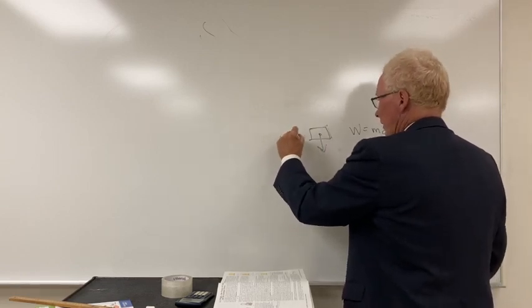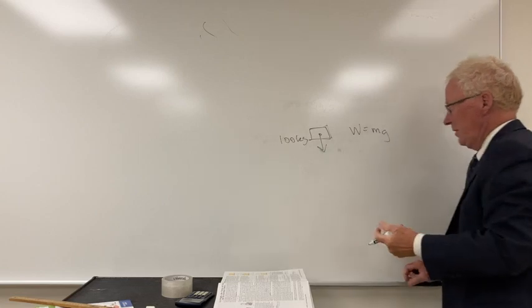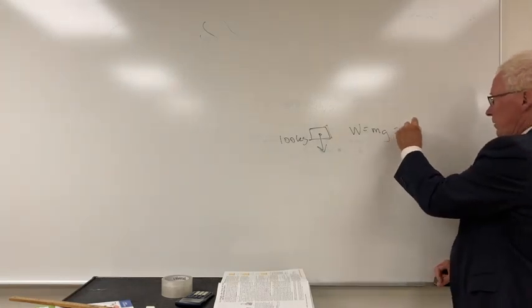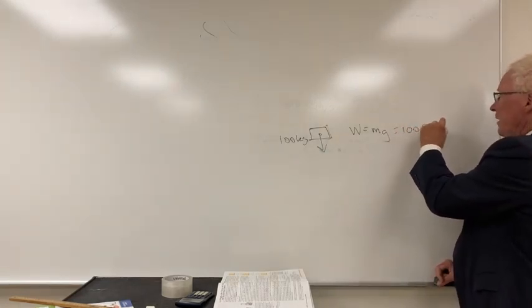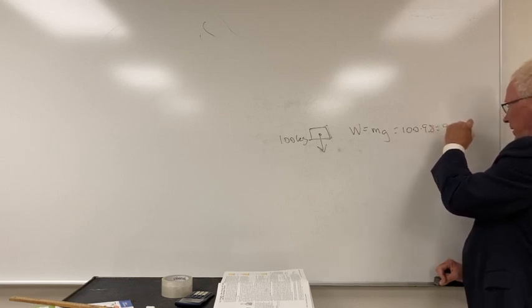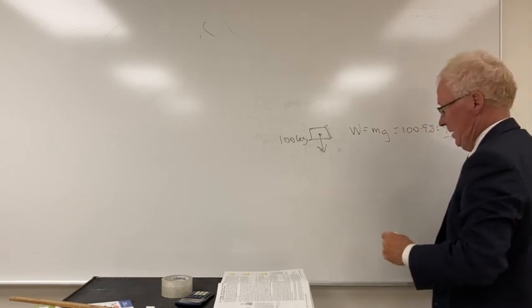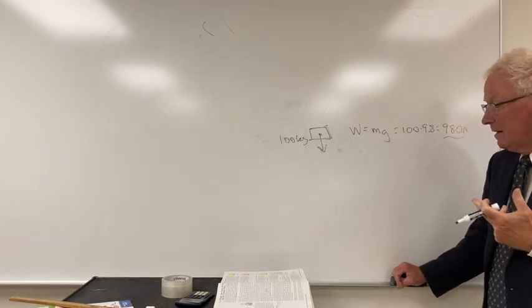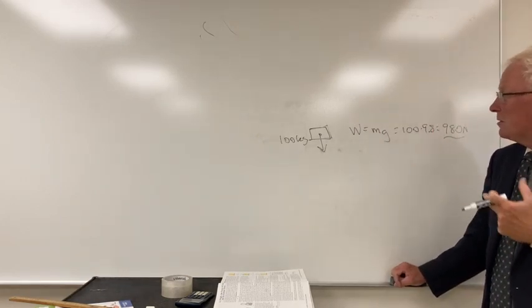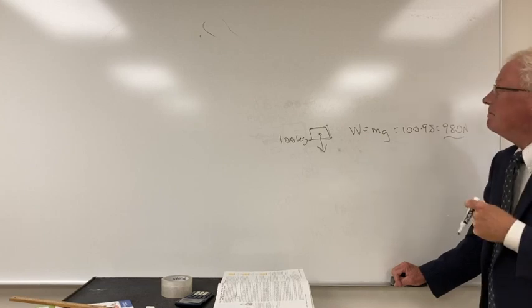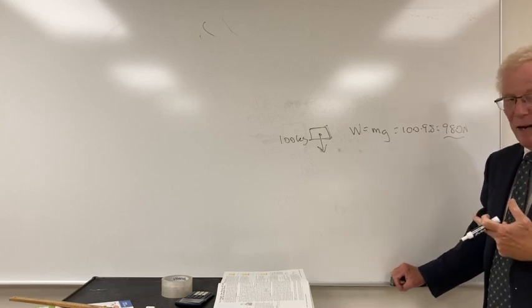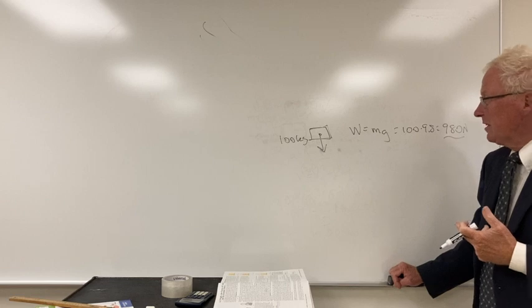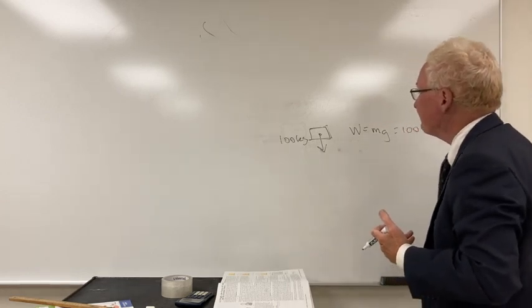So if you have a 100 kilogram object, its weight is 100 times 9.8 or 980 newtons. All right? Now what we can do with this is deal with gravity, which will be an interesting example.